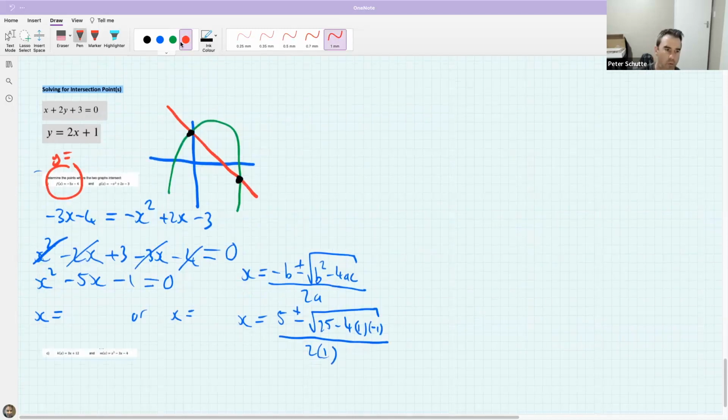So we have 5.19 or negative 0.19. What I think is happening is that this is the negative 0.19, and over here is the place where it's 5.19.